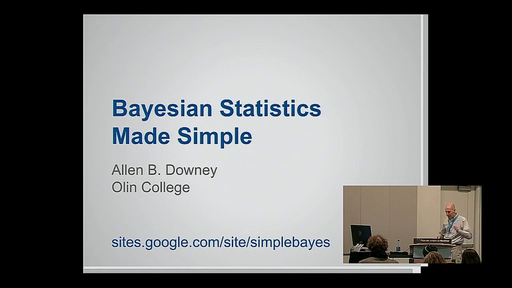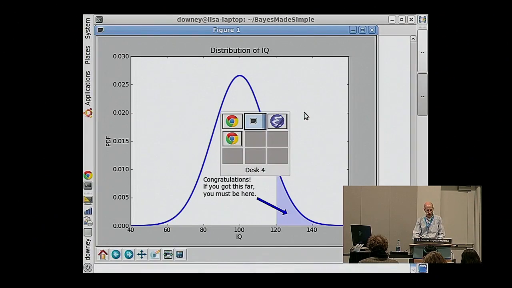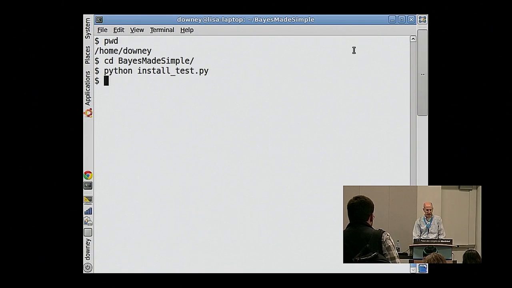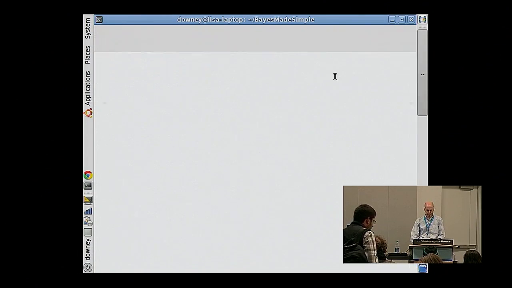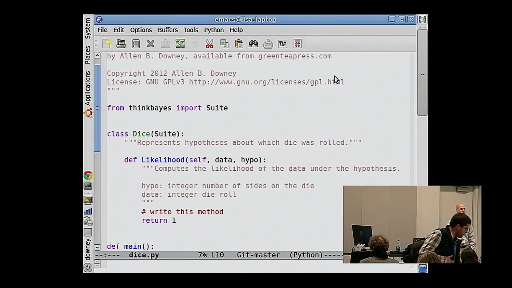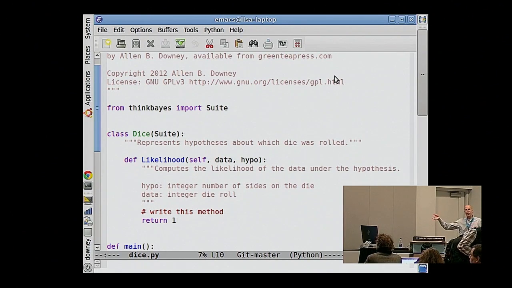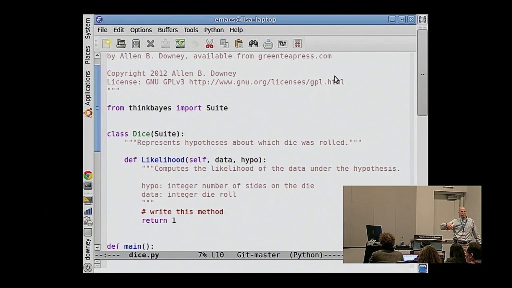I'm going to be switching back and forth between my slides and a window where I'm going to execute Python code and a window where I'm going to edit Python code. Now I'm using Emacs and then I'm just running Python from the command line. If you want to use a notebook, that should work fine. You can use whatever environment you want. But in general, if you can set yourself up so you've got my slides and a development environment of your favorite kind, we'll go back and forth a little bit.